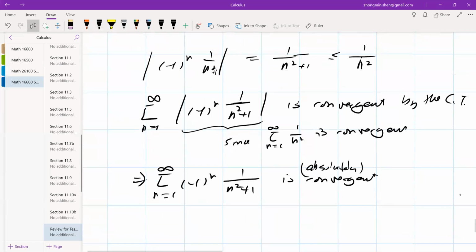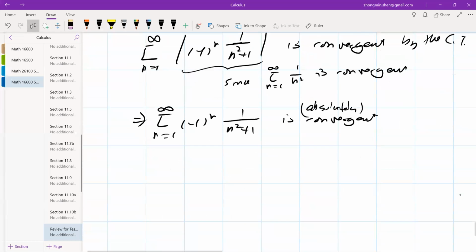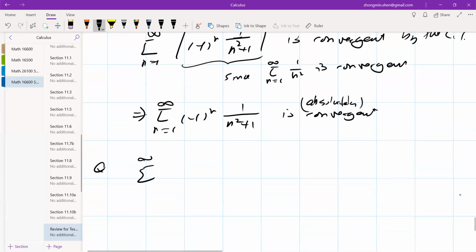The comparison test can only be used for series with positive terms, not for series with negative terms. For example, if I have sine n over n squared, just like that, you cannot use the comparison test directly.